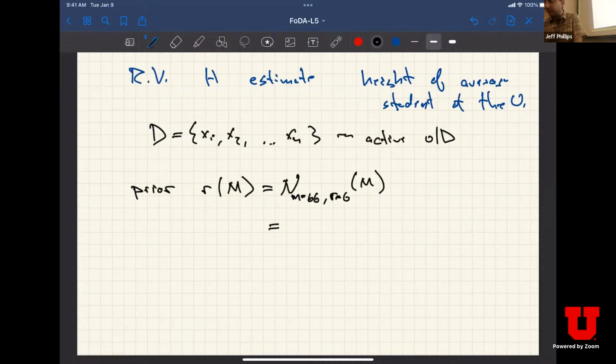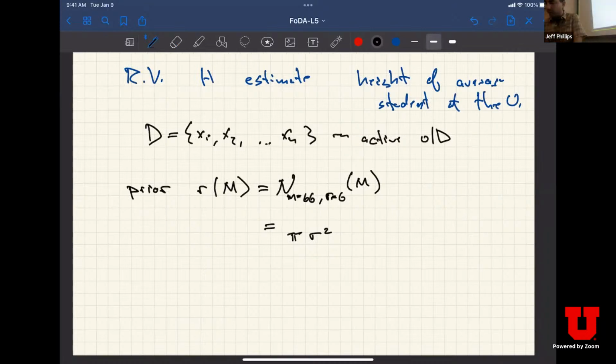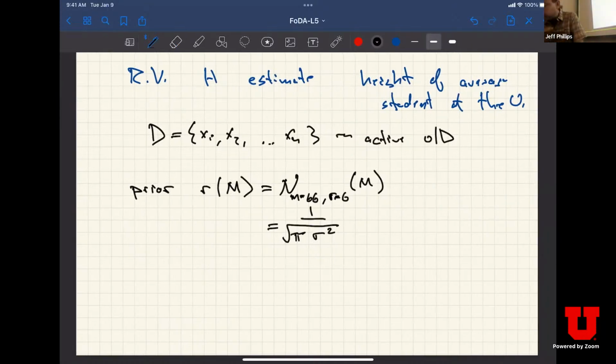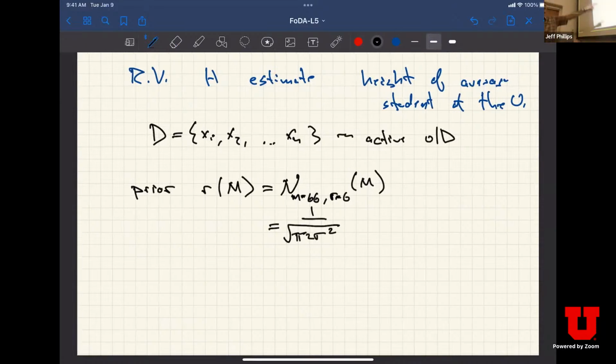And so this is going to be, let me write this out, 1 over the square root of 2 pi times the standard deviation squared. So this is the normalization term I put in front, so that the normal distribution, if I integrate it, always integrates to 1.